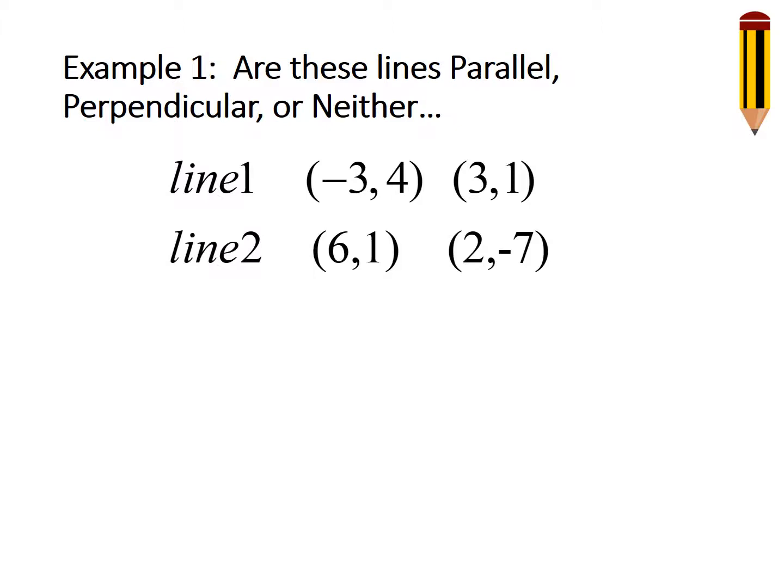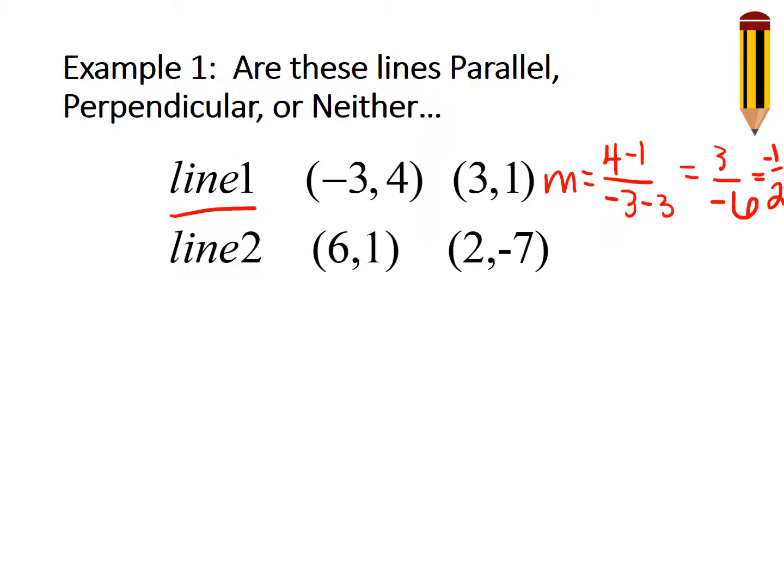Alrighty, let's go through another example. We need to figure out if these lines are parallel, perpendicular, or neither, and we're going to have to find the slopes in order to figure that out. So for line 1, which I'll do in red, my slope is going to be 4 minus 1 over negative 3 minus 3. So 4 minus 1 is 3, and negative 3 minus 3 is negative 6, which becomes negative 1/2.